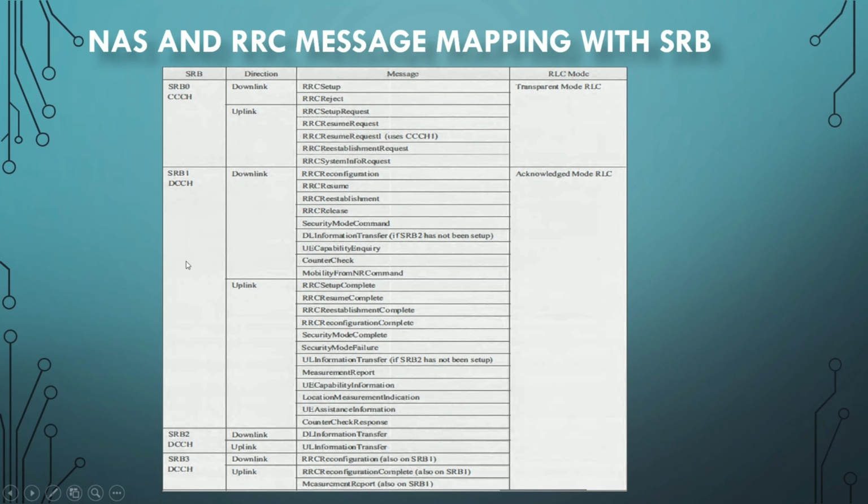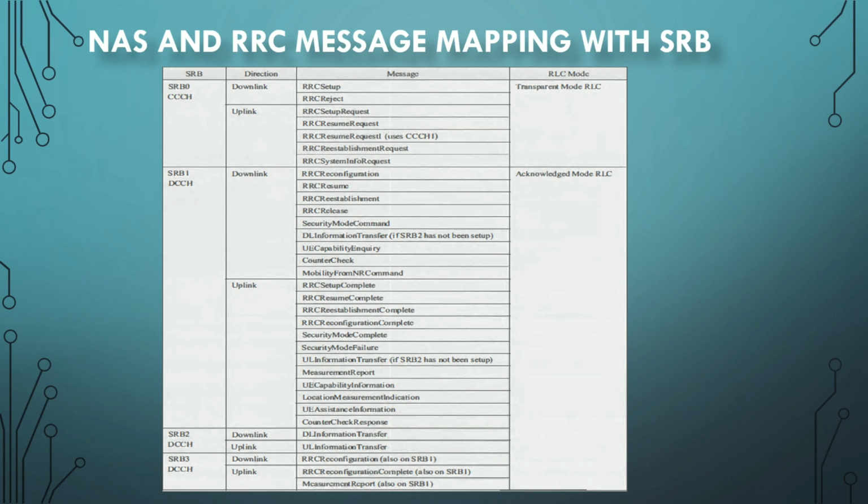For SRB1, a lot of messages are associated. In downlink: RRC connection reconfiguration, RRC resume, RRC reestablishment, release, security mode command, UE capability information, mobility from NR command. All these downlink messages are present in SRB1.